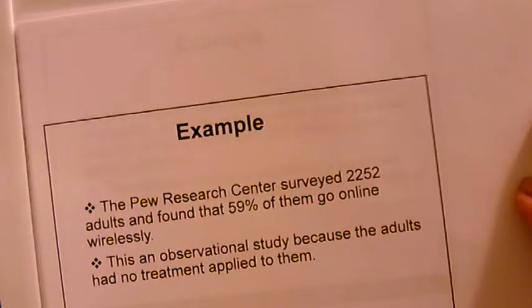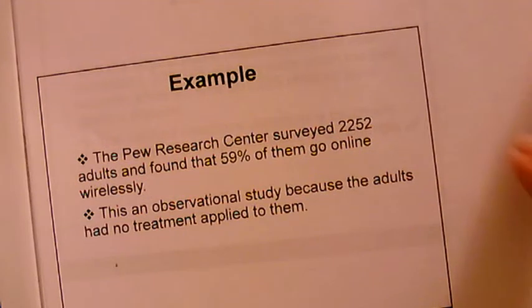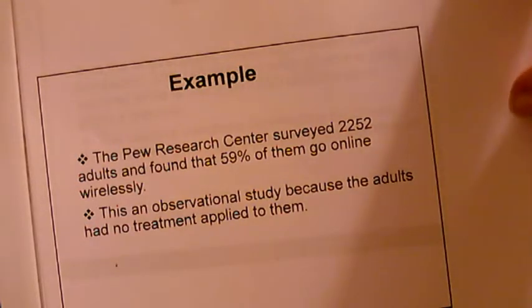Okay, so here's the example that I just went over with the observational study, where you have the Pew Research Center surveying 2,252 adults and 59% of them go online wirelessly. So that's an observational study.